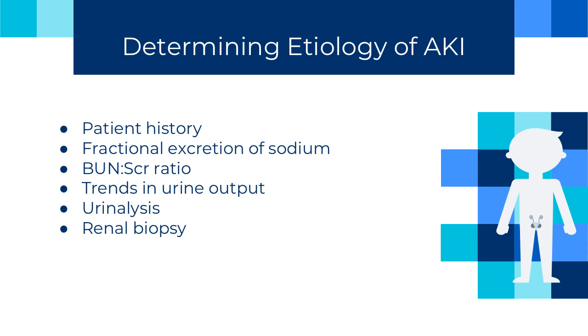We can look at a urinalysis and specifically the specific gravity, osmolality, proteins, etc., to indicate what type of AKI has occurred. And then finally, a renal biopsy is an option, but it's rarely performed due to the risk of bleeding. It's usually only done when all the other causes are ruled out.